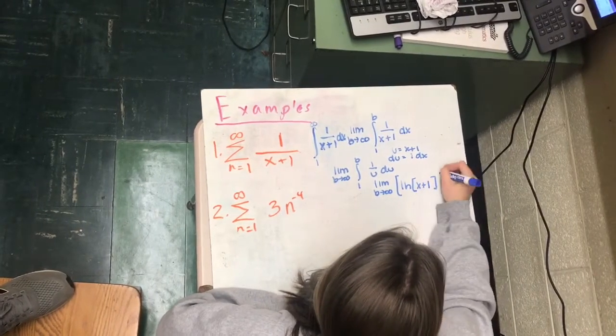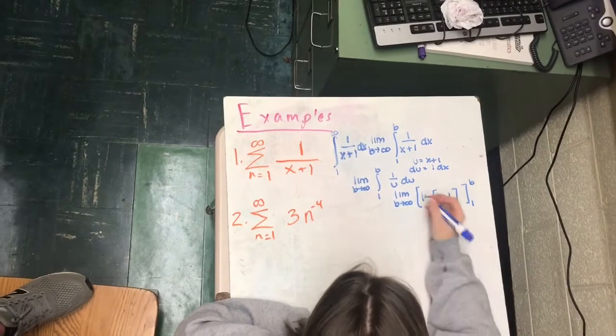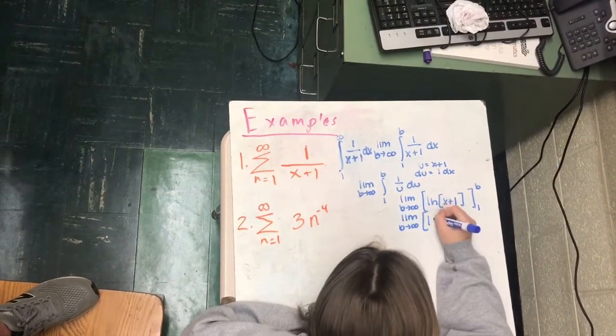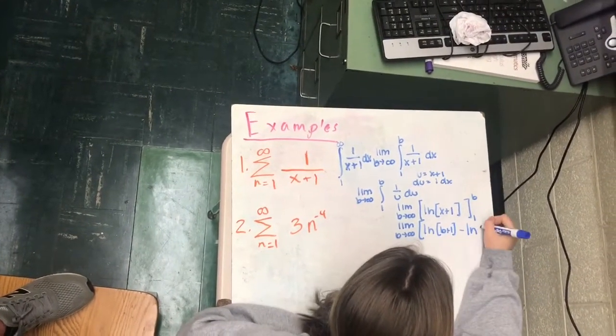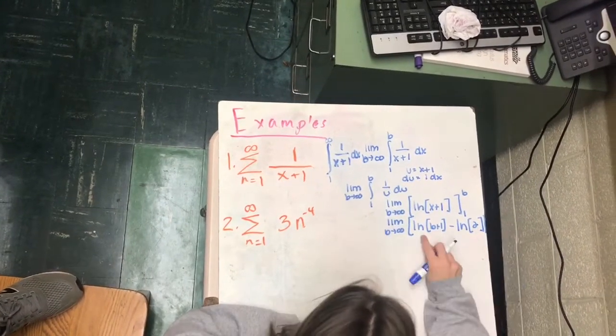So natural log of x plus 1 from 1 to b, and then I'm going to plug in my bounds because it's a definite integral. So the limit as b approaches infinity of the natural log of b plus 1 minus the natural log of 2. So I'm going to do this one first.